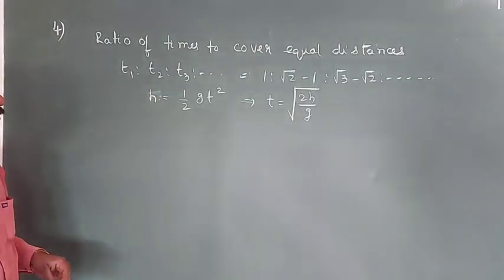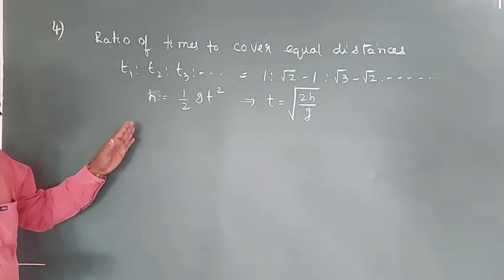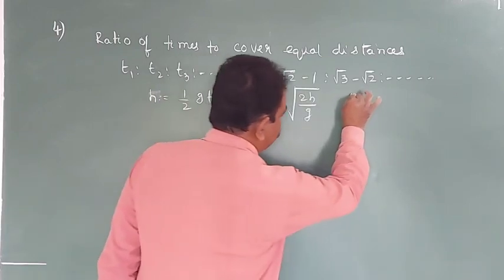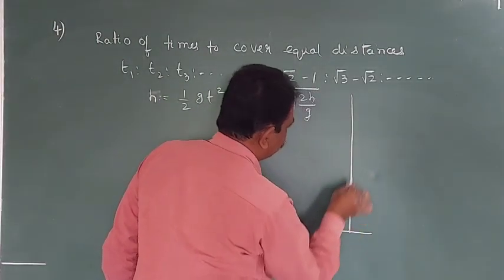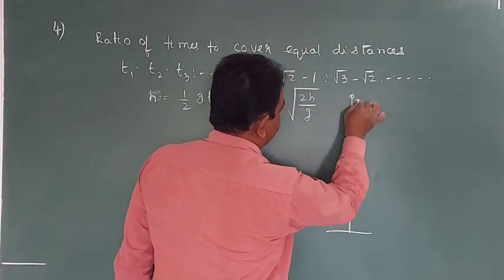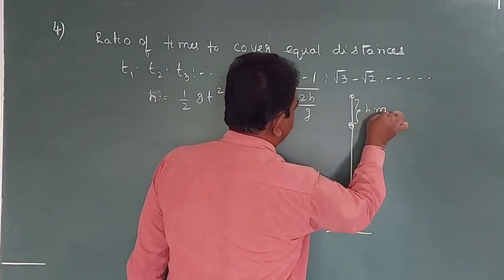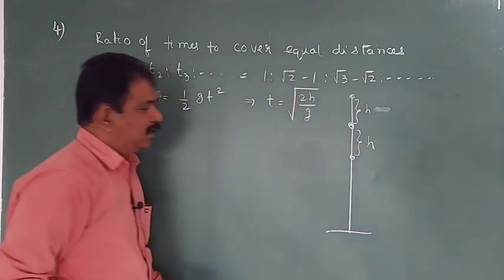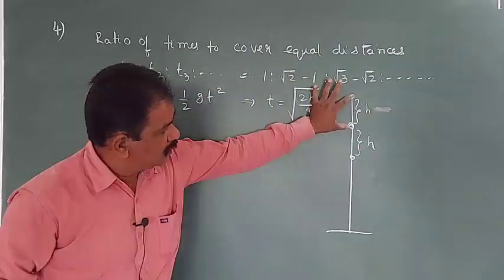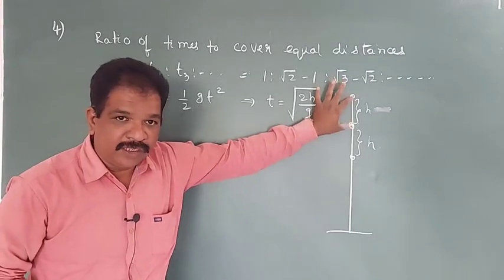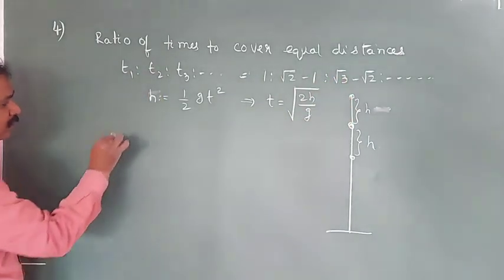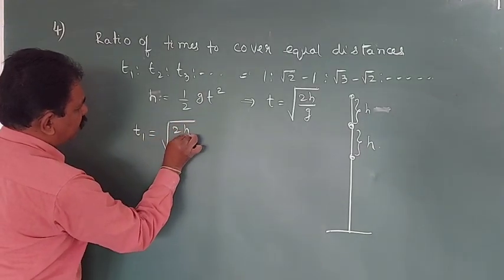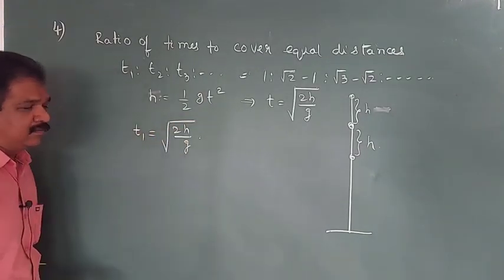Then, to cover the first h meter, this is freely falling. This is the first h meters. This is the next h. To cover the first one, it is taking time t1, like that I am assuming. So t1 is equal to root 2h by g.